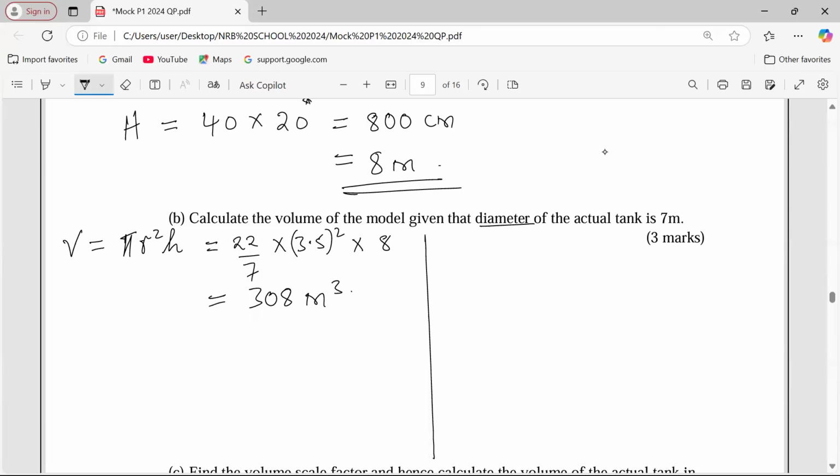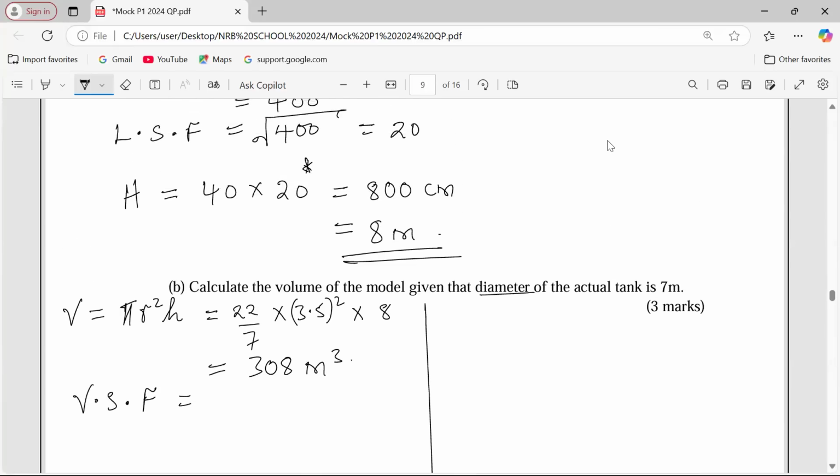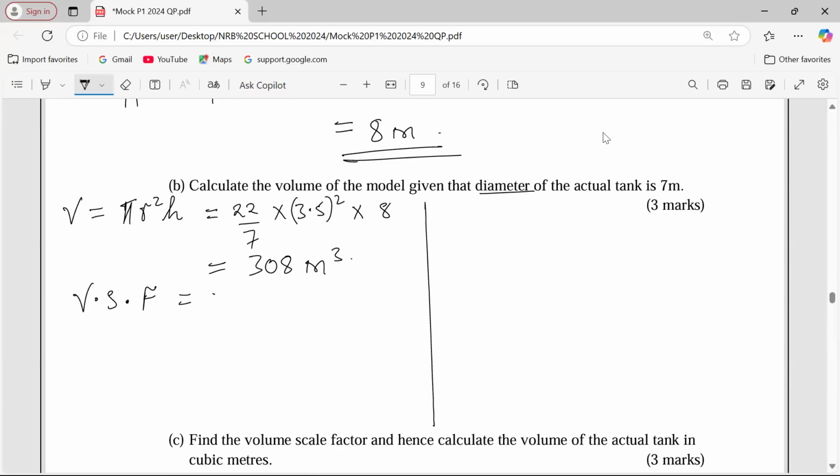And with this, we can talk about the volume scale factor. Now that we have the linear scale factor as 20, we need to raise it to the power 3 so that we get the volume scale factor. So the volume scale factor is the linear scale factor cubed, 8,000.